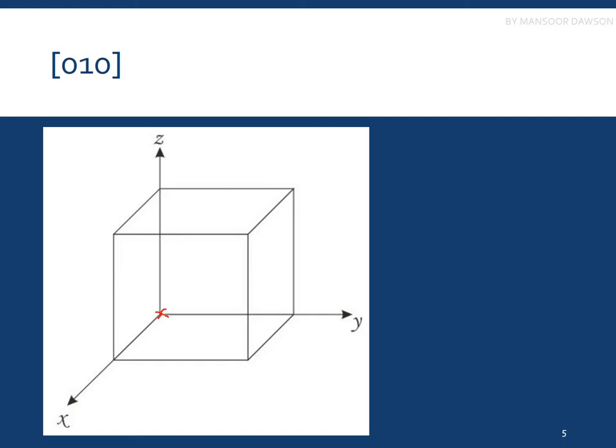So we'll be just dragging it from the origin to the y-axis at this point. So this is basically x has no value, 0, y is 1, and z has 0 value as well. So this is our 0 1 0 direction.